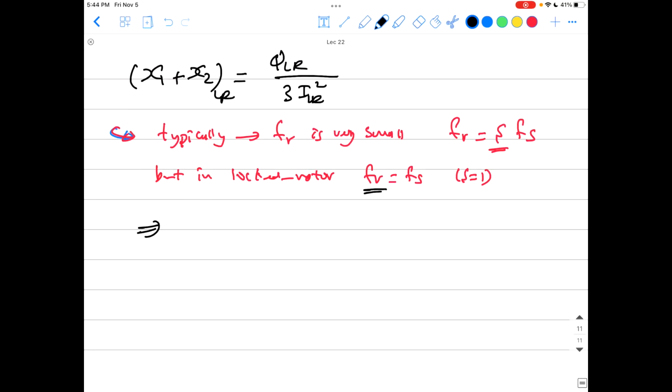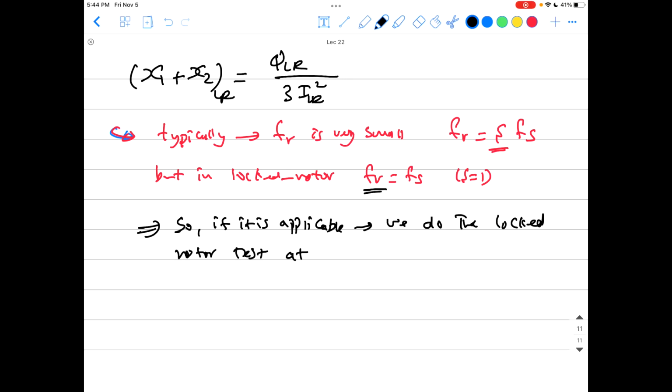So if it is applicable, we do the locked rotor test at 1/4 of the Fs, of the rated condition actually.